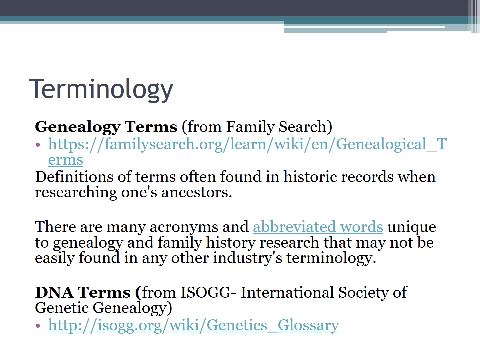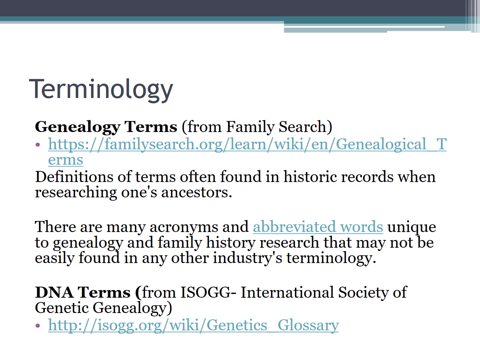Those are the kind of things that you can look up and find on FamilySearch. There are also many acronyms and abbreviated words that are unique to genealogy and family history, and so you might want to search for that in terms of the genealogical terms link from FamilySearch.